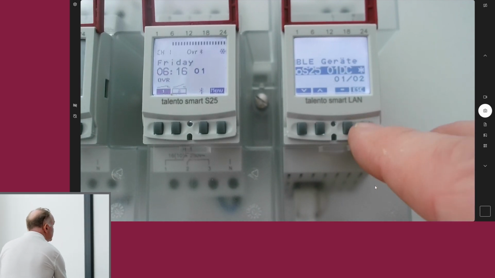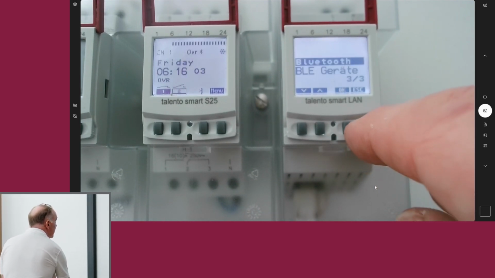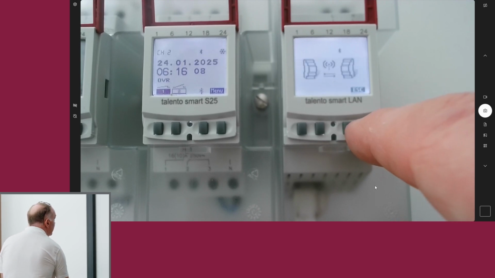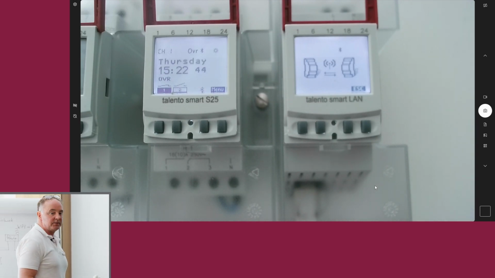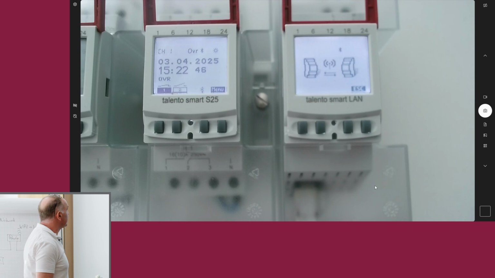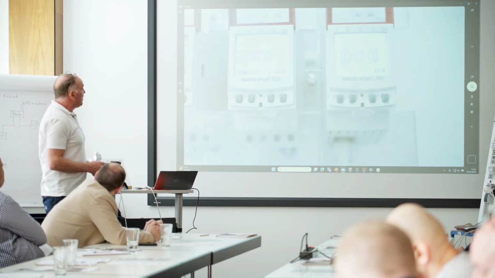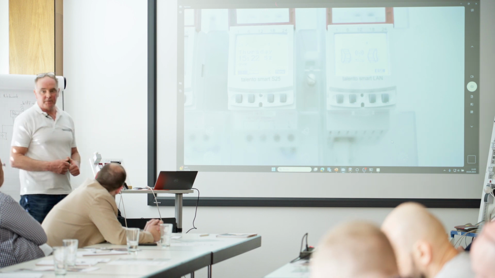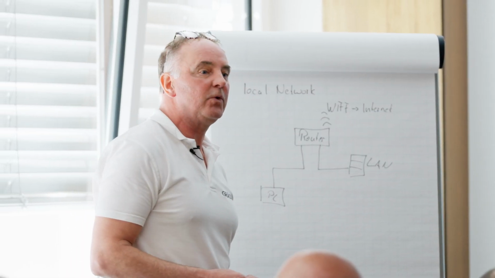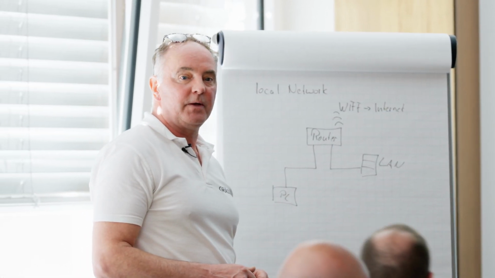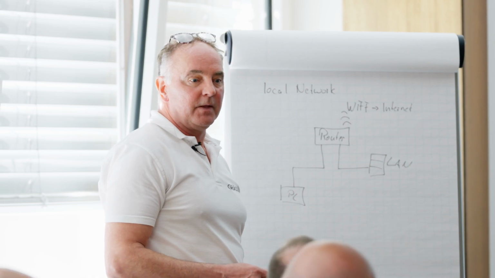The communication between these 3 devices is done now. You can go out of the menu, and immediately the LAN gateway will synchronize the time and all the information to the S25. There is more information which the LAN gateway is sharing with the S25, for example, the location for the astro calculation.